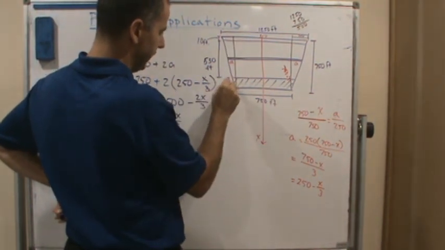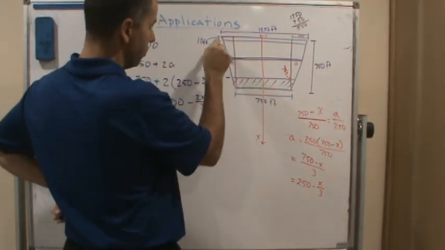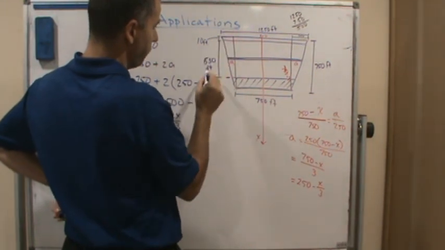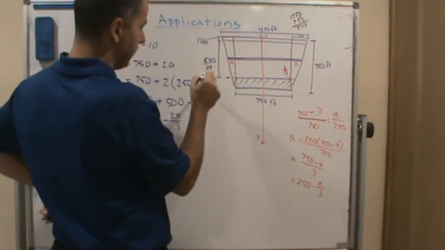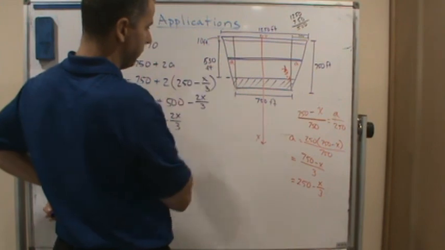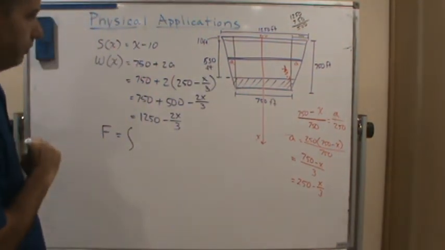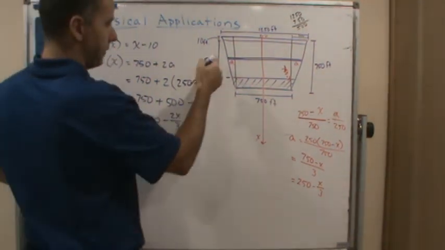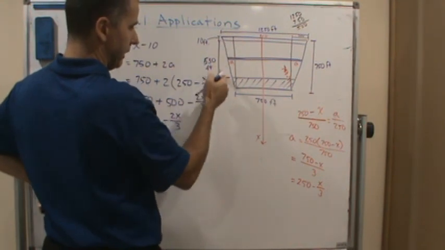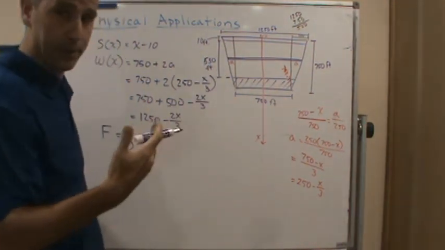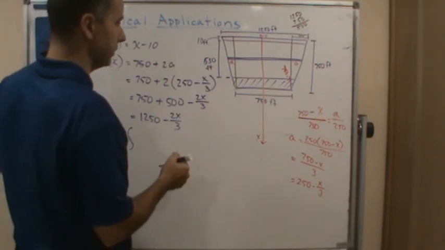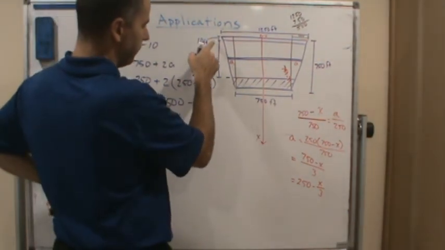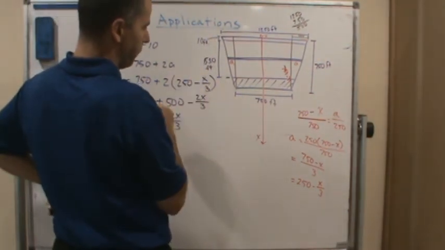It goes from here to here. We know the depth of the water is 530 feet, based on our diagram. The maximum depth of Mead is 530 feet, and so 530 feet goes from here to here.